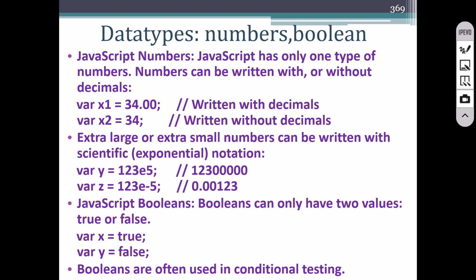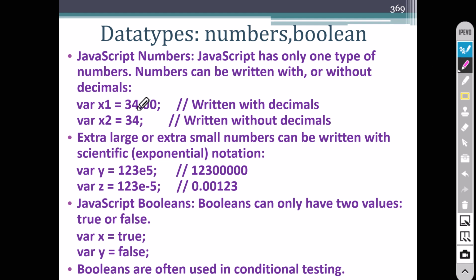So data types. For numbers, we have seen decimals. So x1 is a decimal value, and then we have large integers. If you have an integer which has a lot of zeros, all these 5 zeros are represented after e.